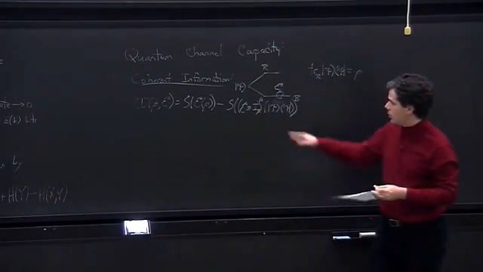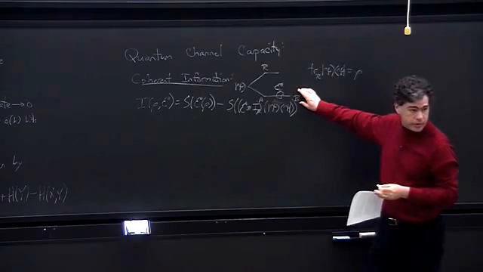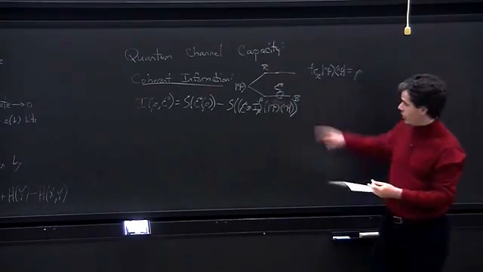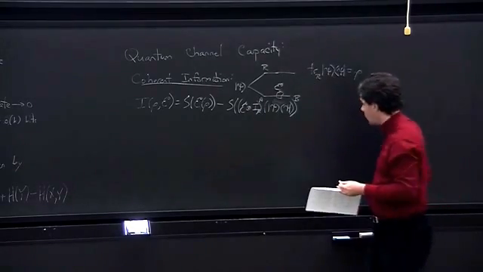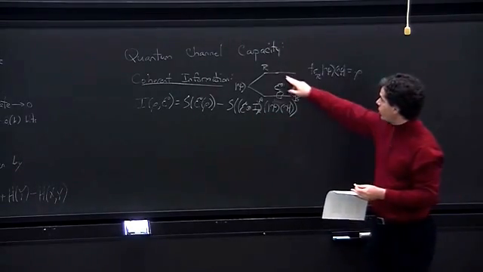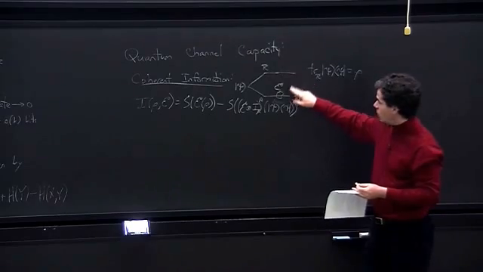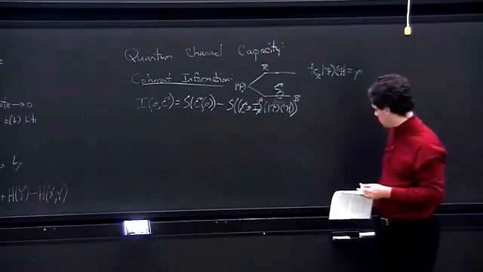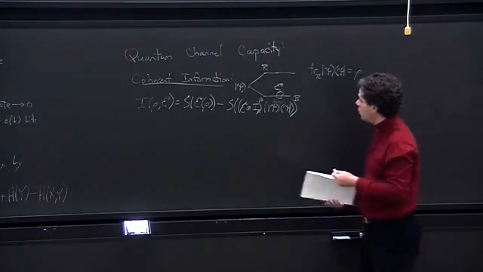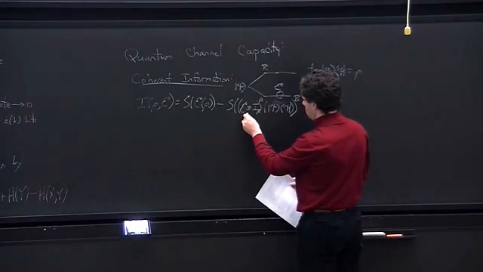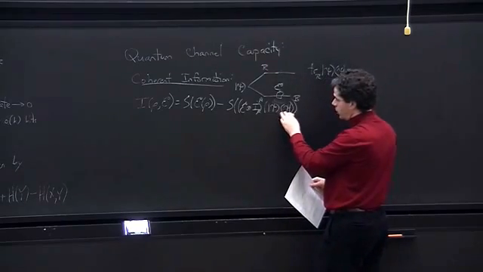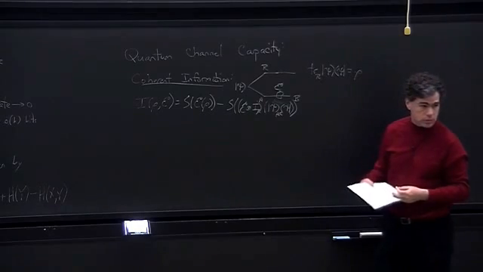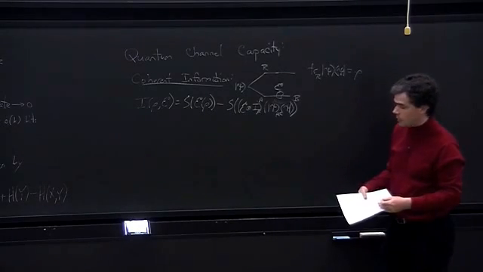So this is the entropy of the output state minus the entropy of the joint output state with the reference system. We've done nothing to the reference system, and we've applied the channel to A to get B. The psi is a joint entangled state, a state of system AR.